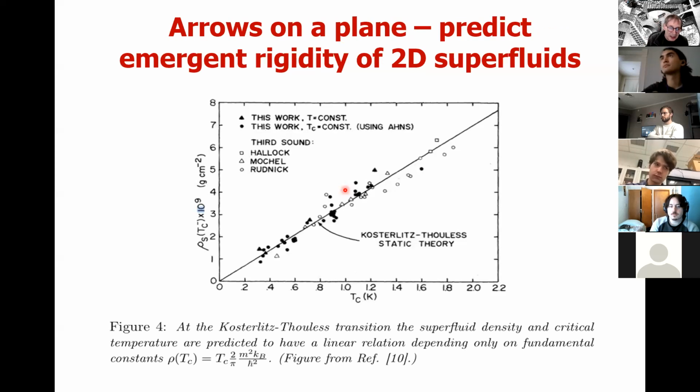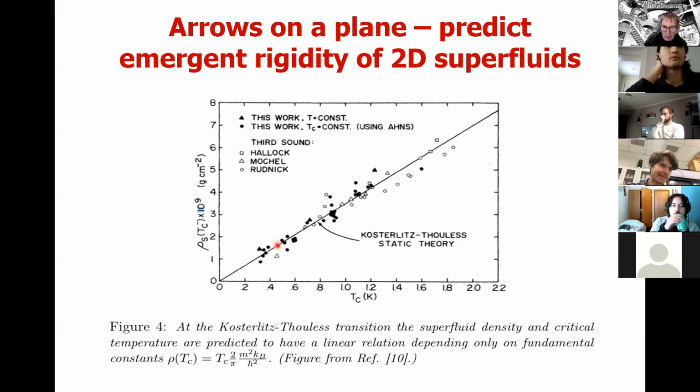And one of the things that they predicted about the superfluid transition is this: that in 2 dimensions, the superfluid transition has a discontinuous jump. Even though it's a continuous transition, it has a discontinuous jump in the superfluid density at T_C.